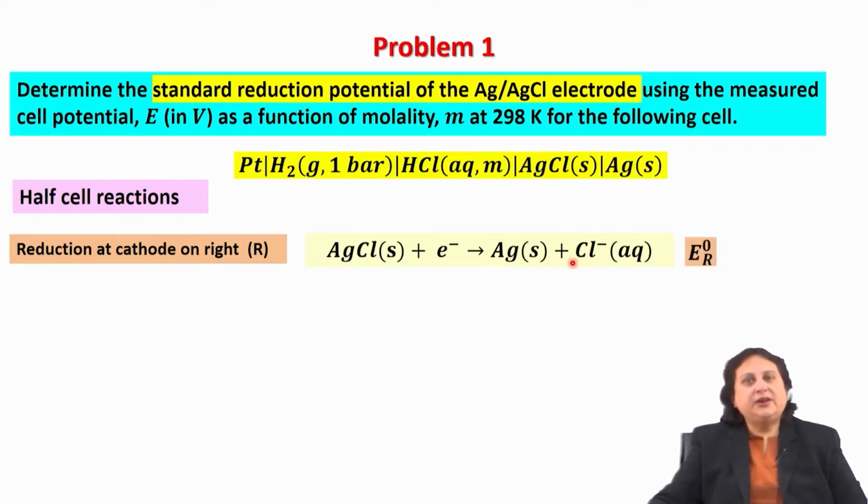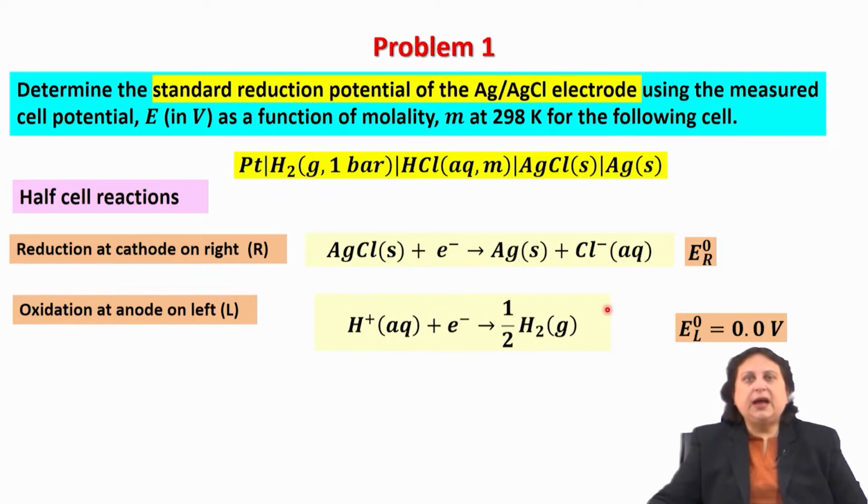The standard electrode potential for the silver chloride electrode is E°_R. I can also have the reaction H⁺ aqueous being reduced to half mole of hydrogen gas, with the standard reduction potential of 0 volt.